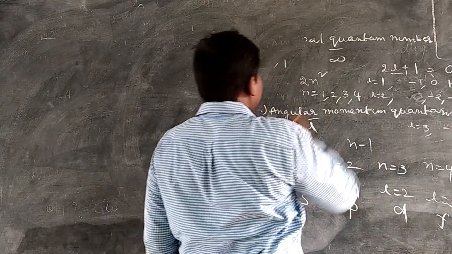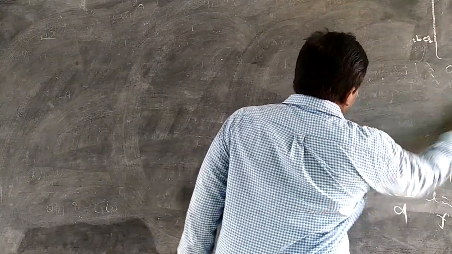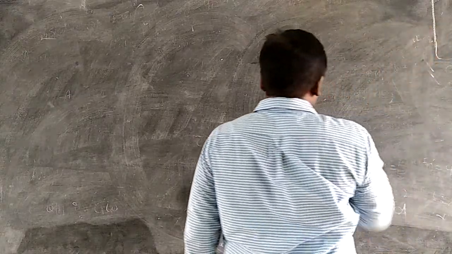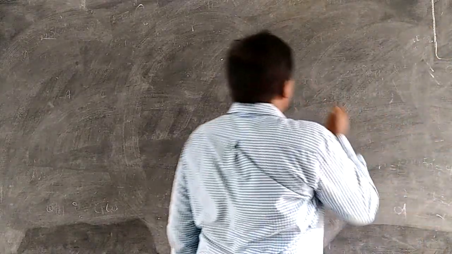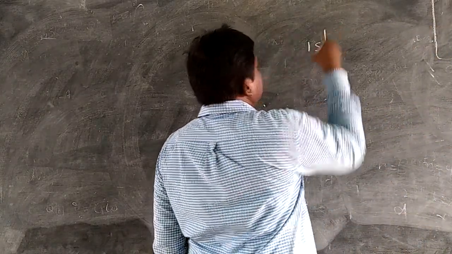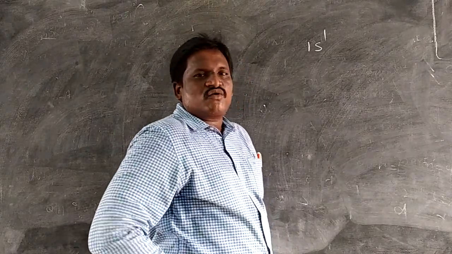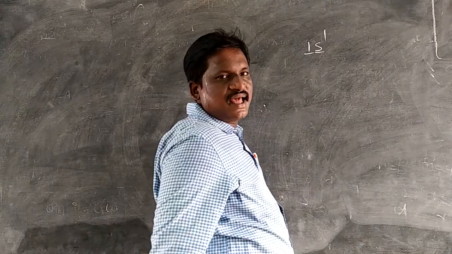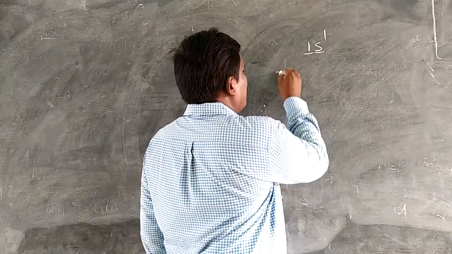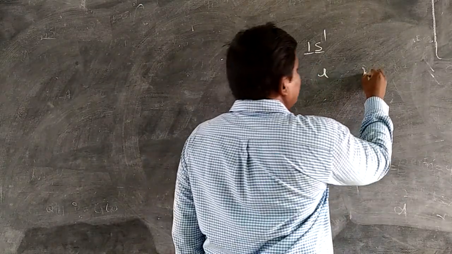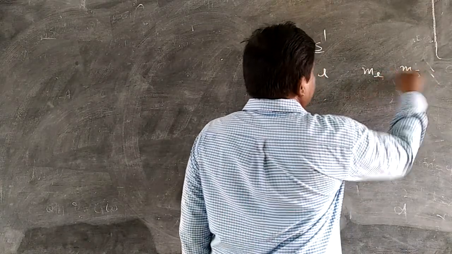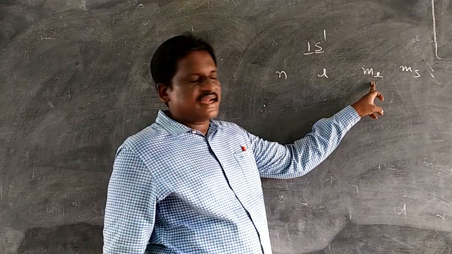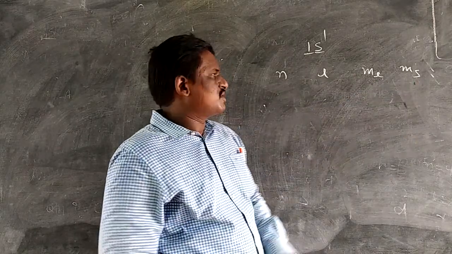Now listen. In any orbital, how do we write the 4 quantum numbers? Suppose 1s1. Write the 4 quantum numbers. This is the n value, and this is the l value. The 4 quantum numbers are n, l, ml, ms: n is the principal quantum number, l the angular momentum quantum number, ml the magnetic quantum number, and ms the spin quantum number.